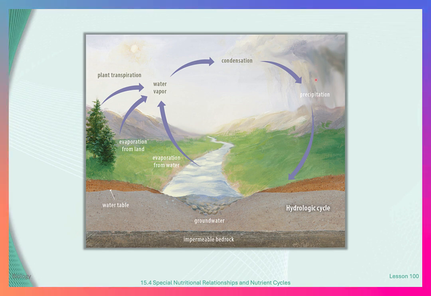The water then falls as precipitation. The water then runs down, enters the groundwater, the water table, and then also enters the stream. And it can be drunk by animals as well as taken up again by the plants, and then the cycle repeats itself.